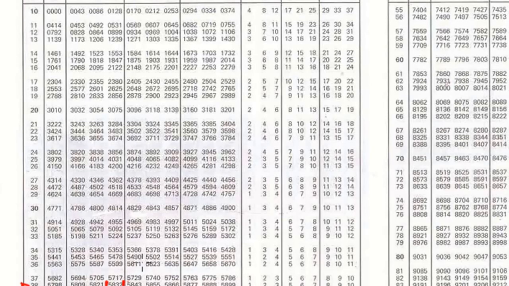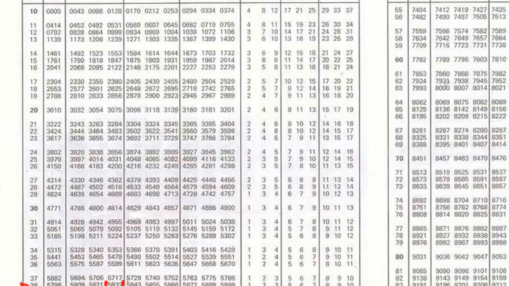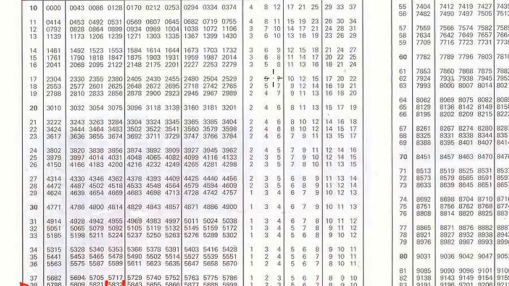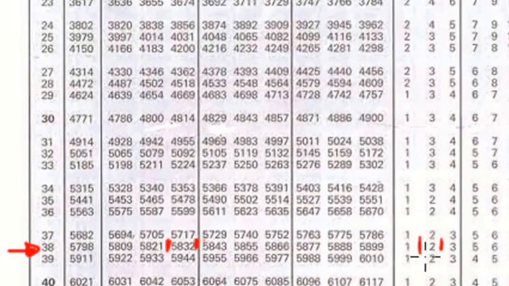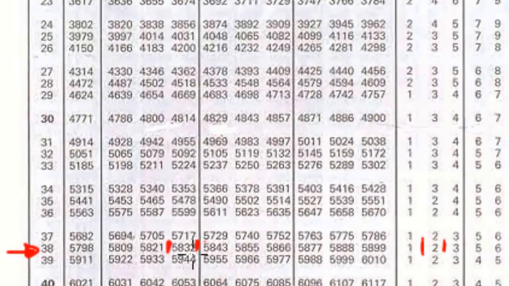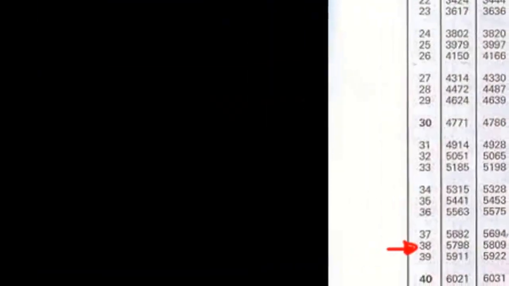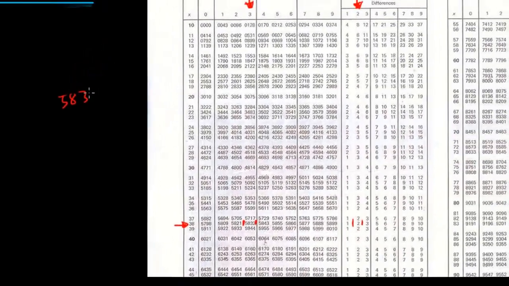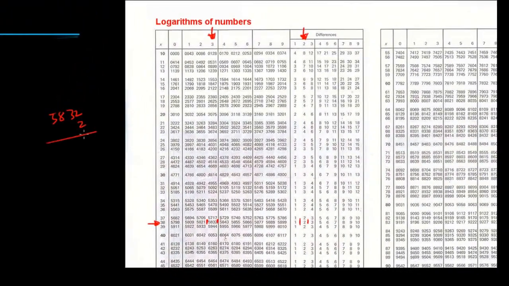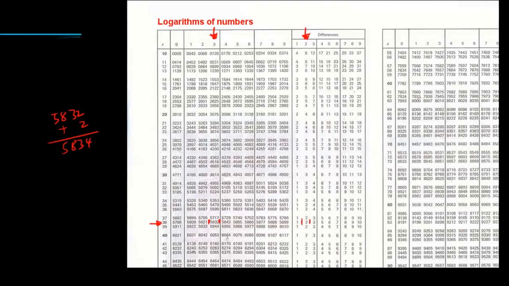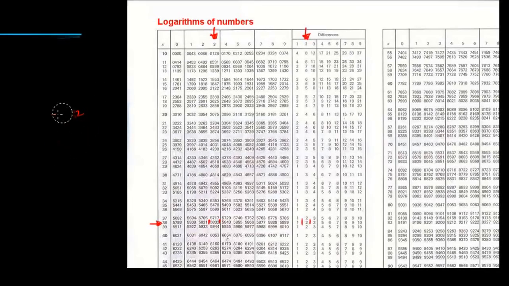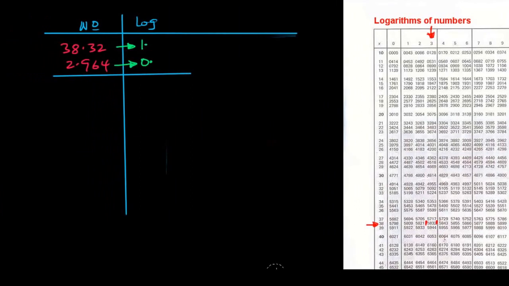Then for the difference of 2, come to the difference table, mark 2, and trace this down to 38. This is 2 here. It means we have 5832 and 2. We'll add that together and we'll have 5834. You can just clean this and write that: 5834.